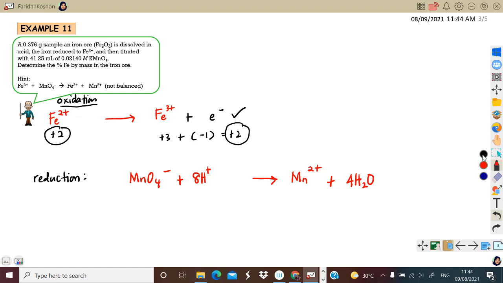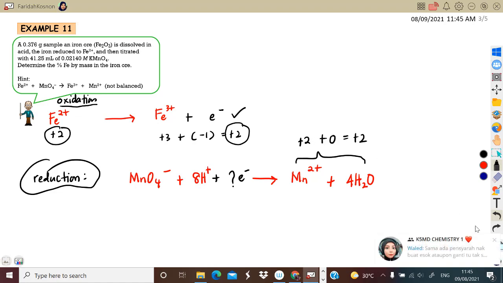And now we have to balance the charges. Okay, jadi nak balancekan charge, kita tambah berapa mol elektron di sini. Jadi kita kena kira dulu total charges at the right side. So kita kena tambah elektron at the left side because this is reduction reaction where electron must be gained. Right? Okay, so now manganese is positive 2, the charge is positive 2 here, plus 0 equals positive 2.